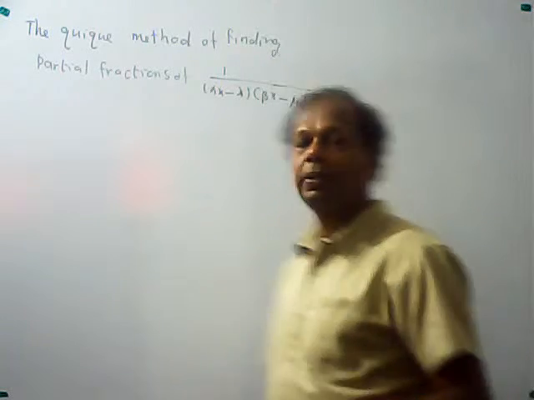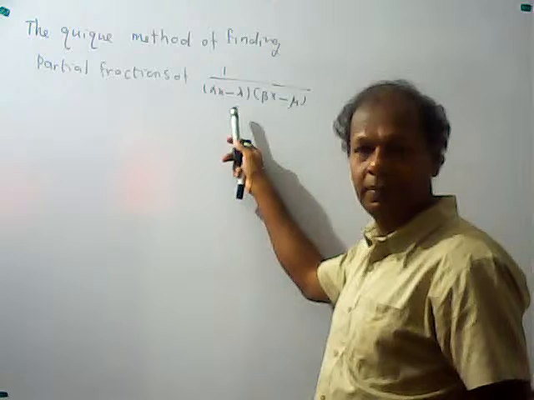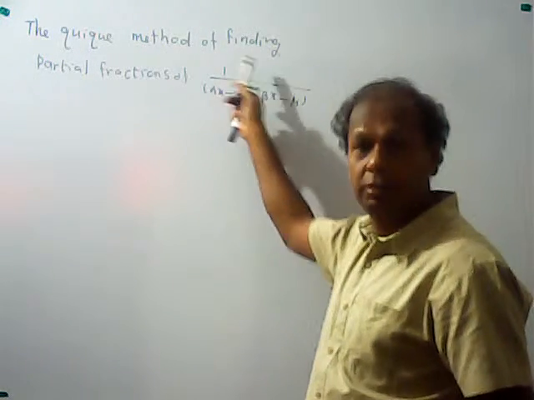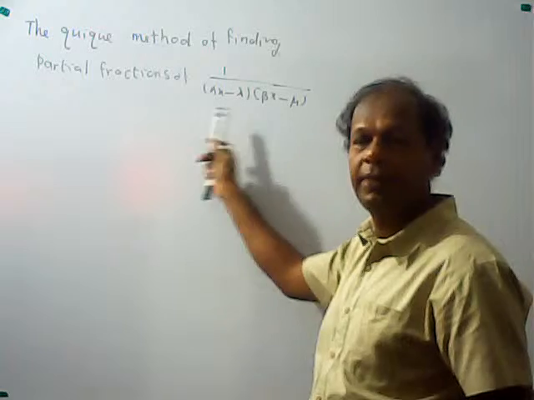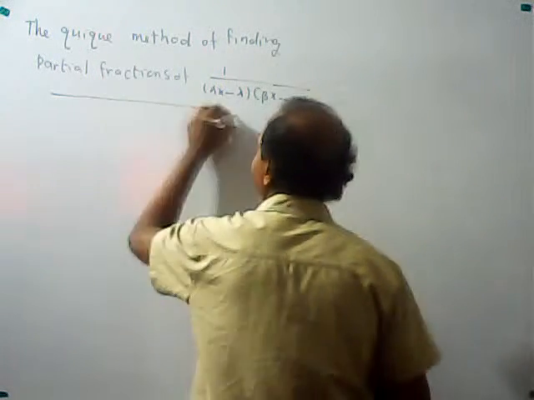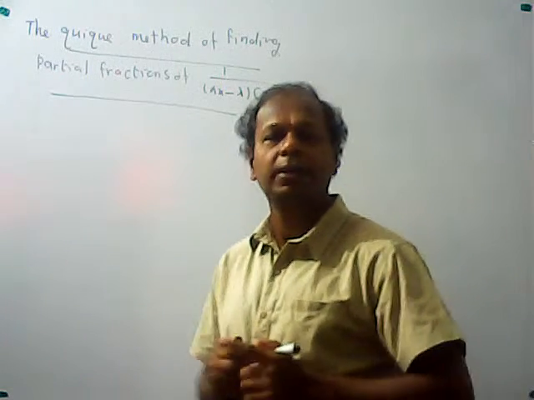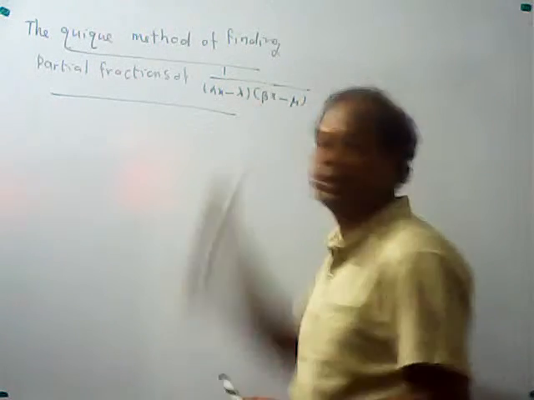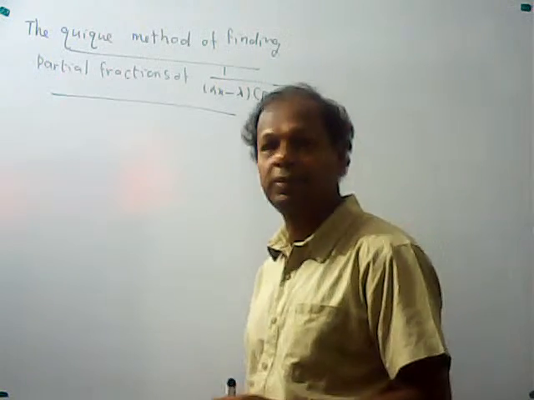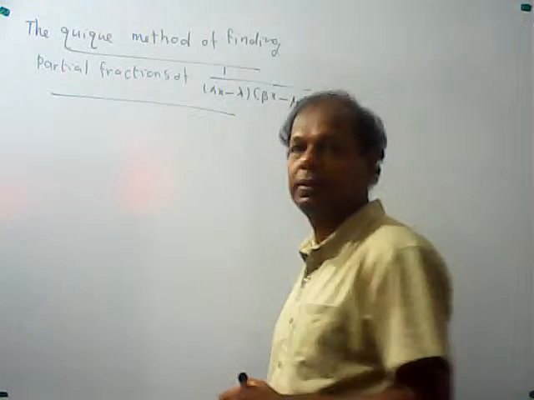The quick method of finding partial fractions of a function like this. What is special about this is it's 1 over 2 linear factors. Within a minute, you can find partial fractions of a function like this using this quick method. We have done partial fractions earlier, but I haven't given this method. We didn't need that at that time.